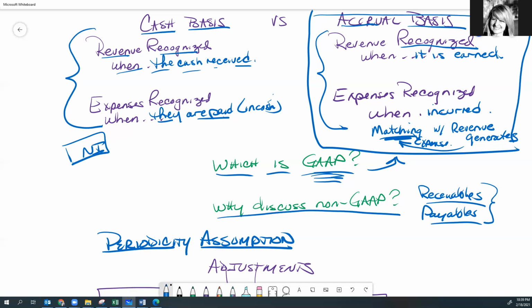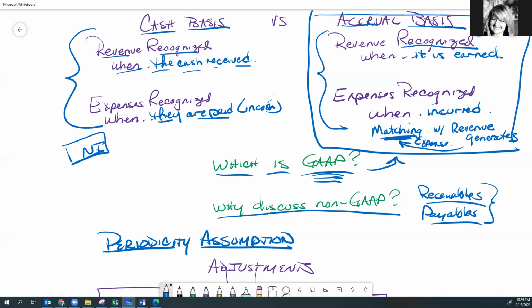The other thing is that oftentimes small businesses use the cash basis of accounting because, number one, it's easier. As long as they don't need to prepare audited financial statements, and audited financial statements actually say that the financial statements are fairly presented in accordance with GAAP.